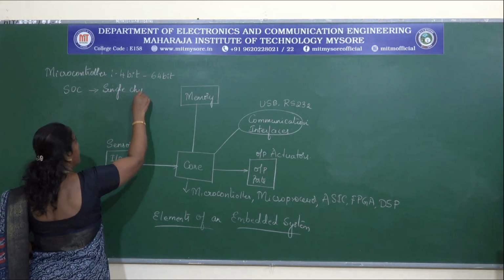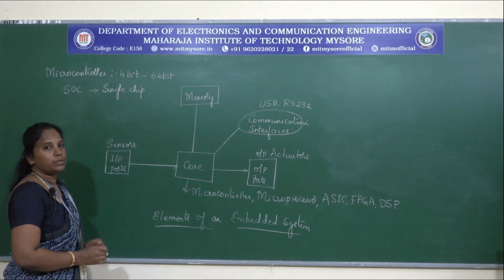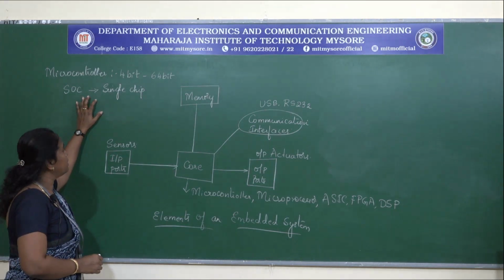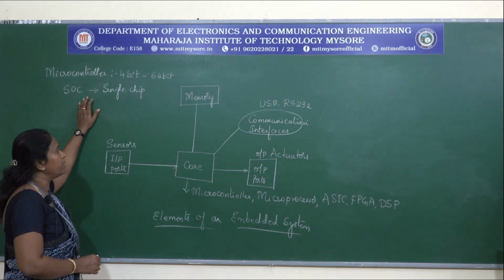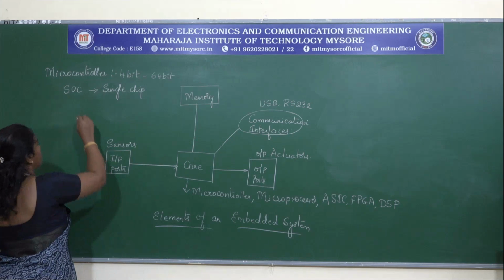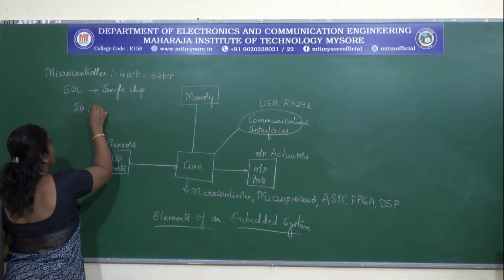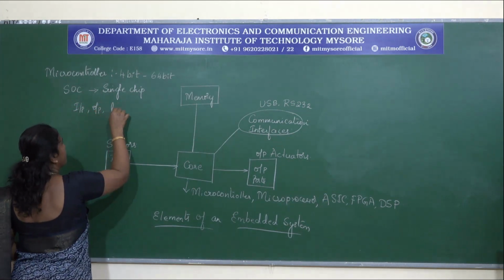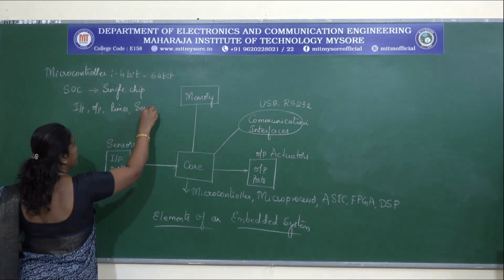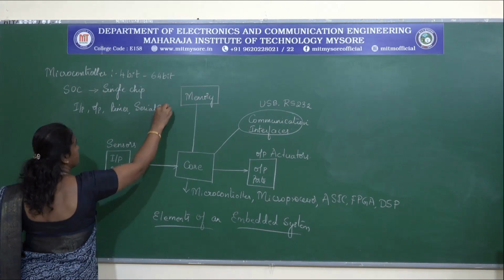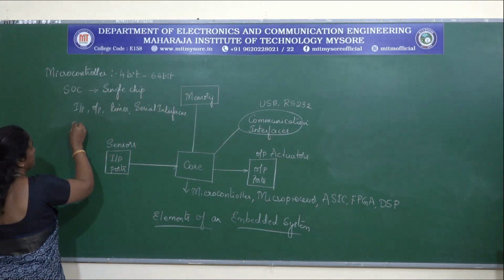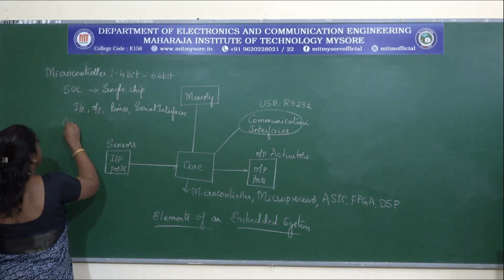That means along with the CPU, the central processing unit, it consists of input, output, then timer, then serial interfaces, then counters.